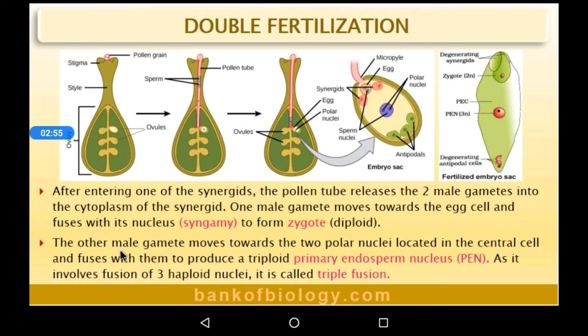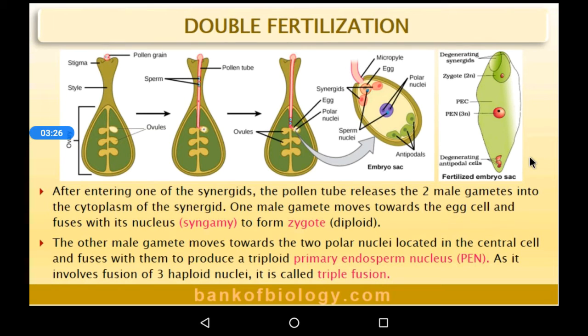In the second case, altogether three nuclei are there: two polar nuclei plus the male gamete nucleus. So it is triploid, and what is formed is the primary endosperm nucleus, or PEN. As it involves three haploid nuclei, it is called triple fusion. I hope it is clear.